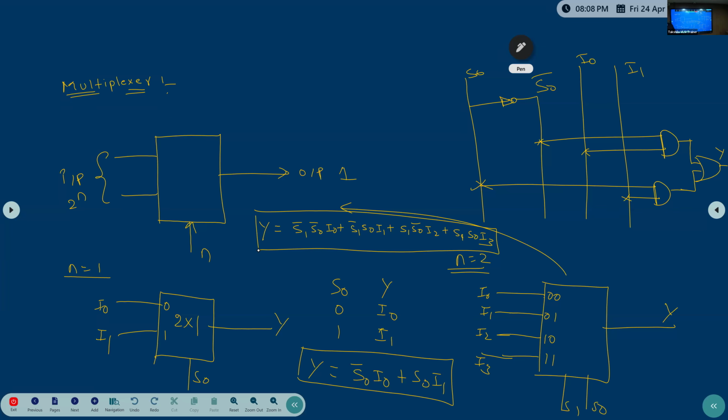Spare means extra. In the extra cells, suppose they added one AND gate, one OR gate, one NAND gate, one NOR gate, one mux. AND, OR, NAND, NOR gates are all already used. Only the mux is there, but I want AND functionality.